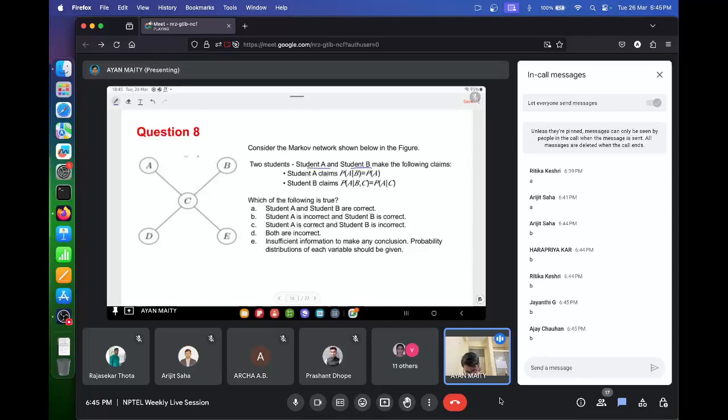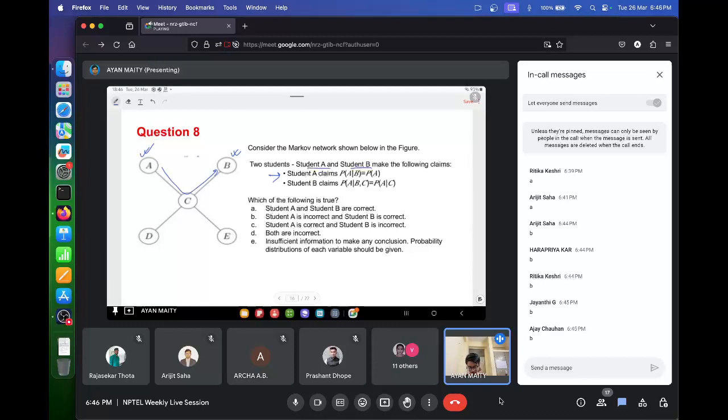So the first claim is probability of A given B equals probability of A. So A and B are independent of each other, that is what this claim is. This is an undirected graphical model, so we can easily see a path from A to B. No other variables are given.